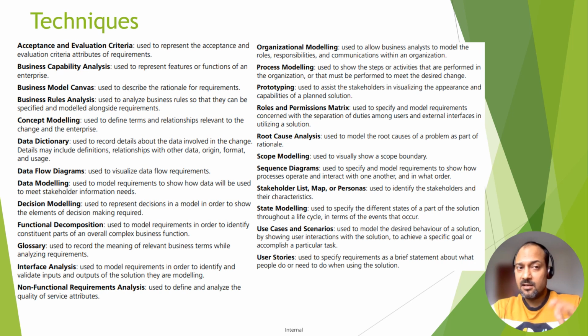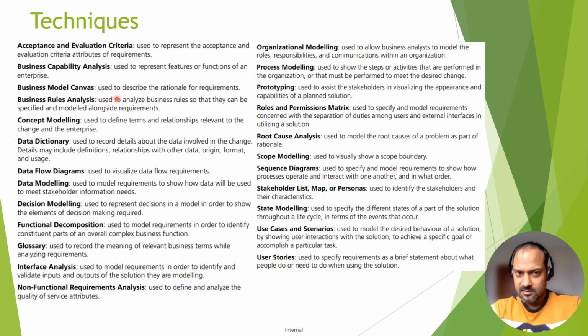Then the techniques. There are a lot of techniques, and as you remember, I said when we were talking about the model categories that different categories are there, and different techniques are used in different categories, and all those techniques are also now available here. Acceptance and evaluation criteria used to represent the acceptance and evaluation criteria attributes of the requirement. Business capability analysis used to represent feature or function of an enterprise.